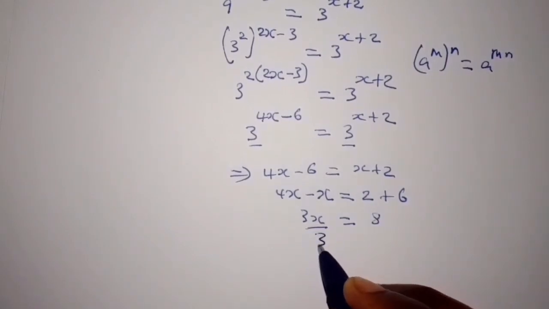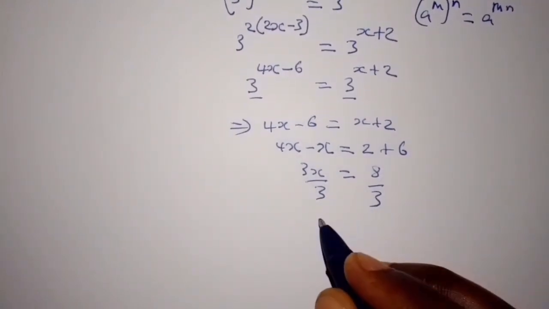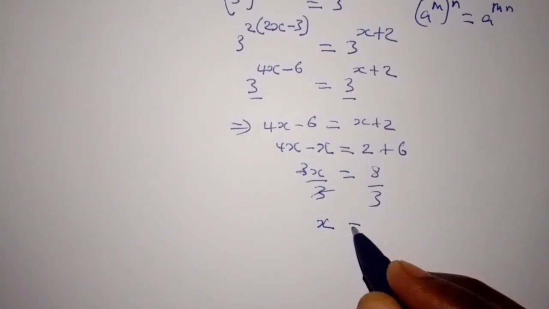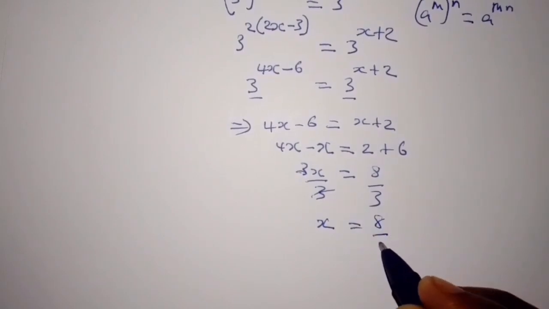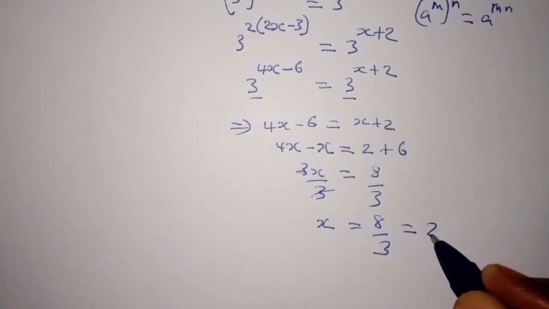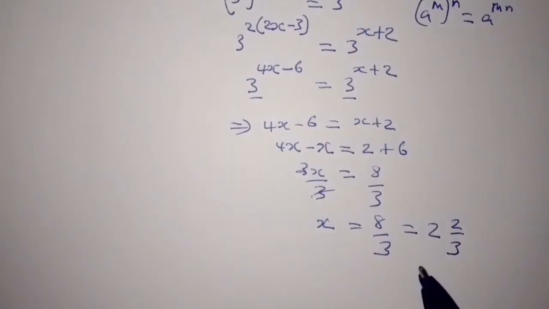We divide by 3. x is equal to 8 over 3, which is equal to 2 and 2 over 3.